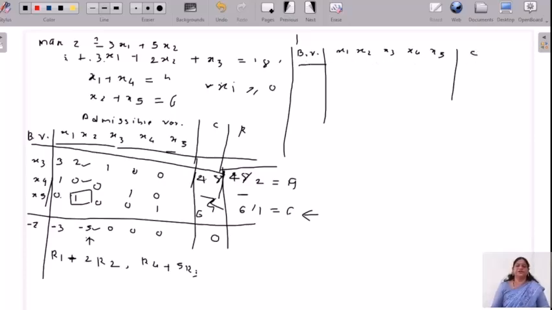Then the basic variables. You can observe that x5 will leave the basis and x2 will enter the basis. Therefore x3 is as it is, x4 is as it is, but instead of x5, x2 will enter in the basis, therefore it is x2.